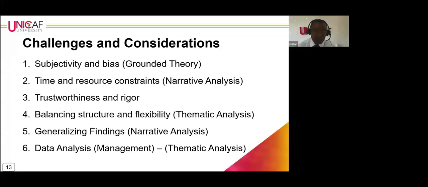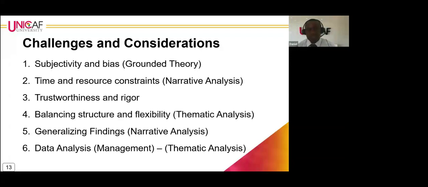And as you proceed, you ask yourself how much flexibility you've injected in the findings that you are analyzing. Thematic data analysis can have such a flaw.